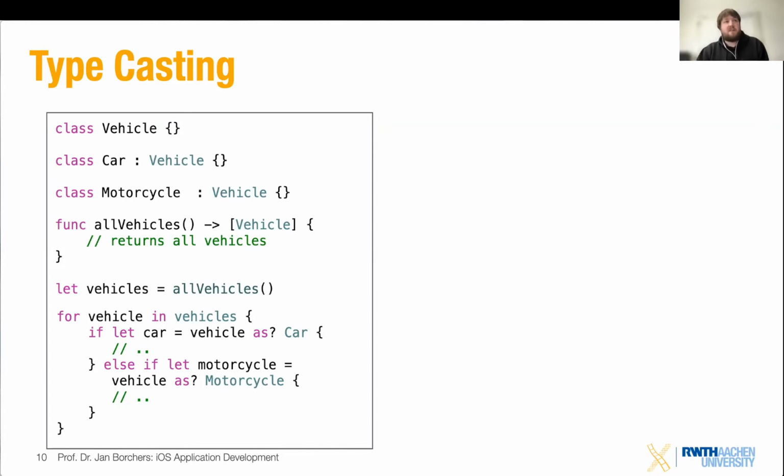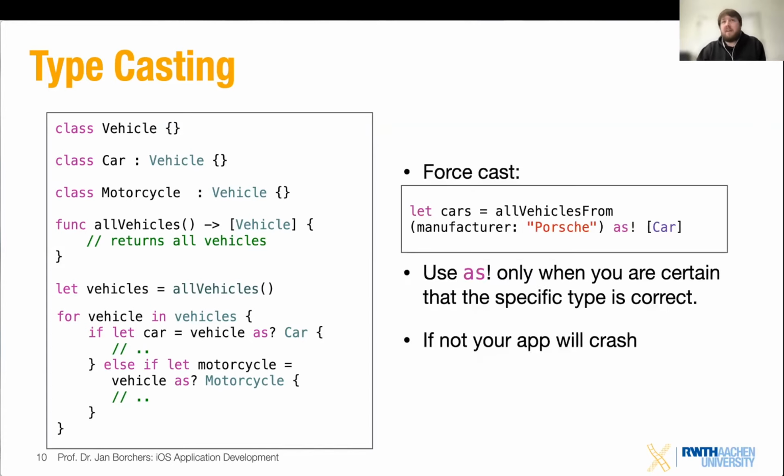And similar to the forced unwrapping of optionals, there's also a forced casting that I can use. And again, it's with the exclamation point, where I here try, okay, I get all vehicles from Porsche, and I know all of them will be a car, and I'm trying then with as exclamation point in a car array, trying to assign this new type to that.